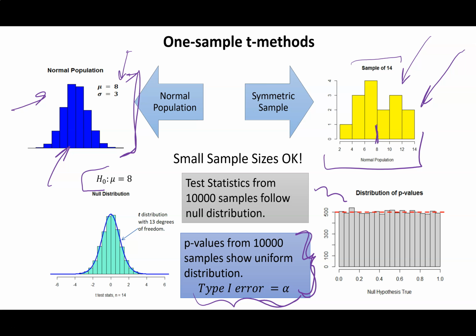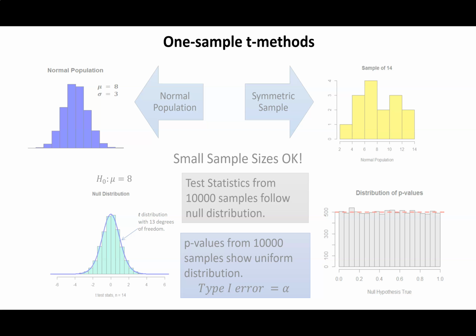My type 1 error is equal to alpha. So whatever you set it to is what the type 1 error rate is. That's what you want. You don't want your type 1 error rate to be something other than what you set it to be, because then you can't predict how often you're making this error. It makes us very sad.